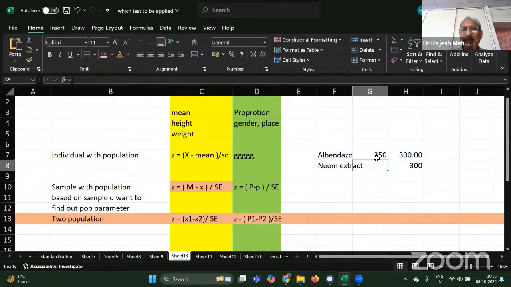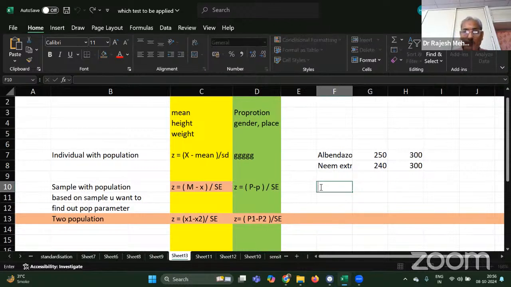And in this case, we got a result of 240. Now the question asked to you is whether both effects are the same or whether they are different. So what you are supposed to do in this case is find out the percentage over here, and then try to compare with this formula.